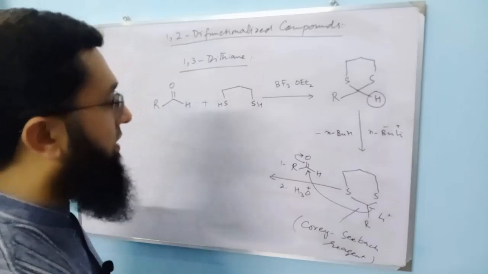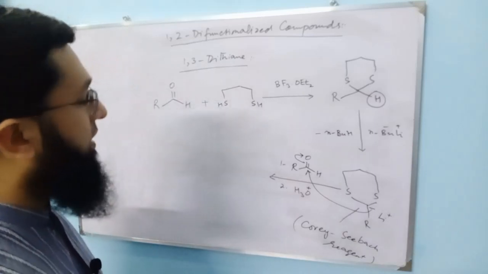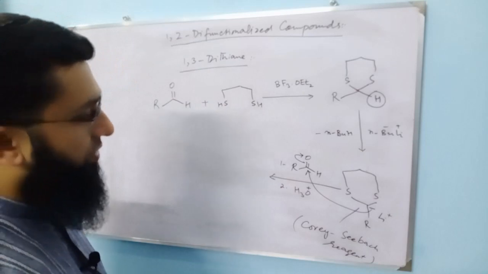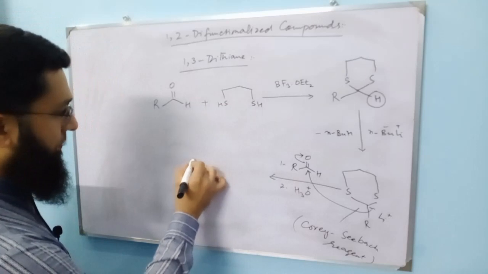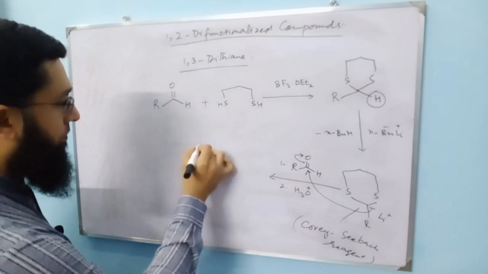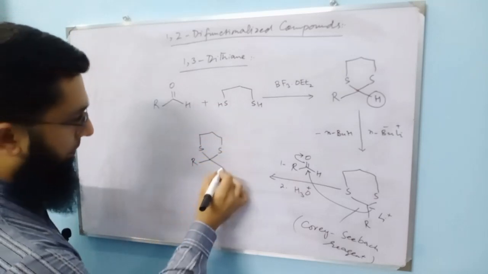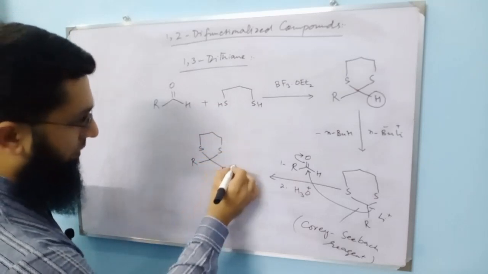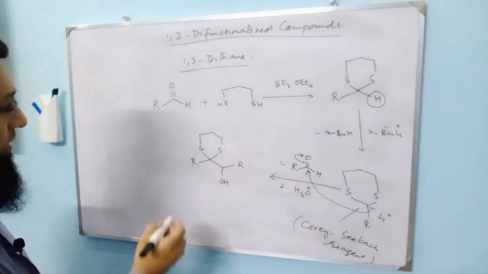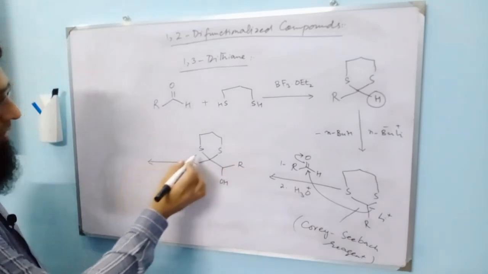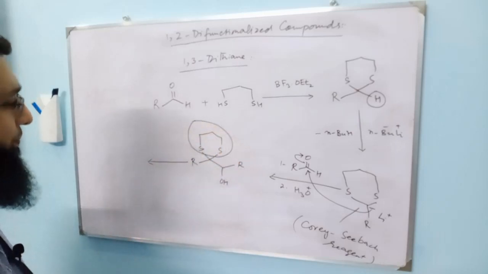Generally, we have discussed earlier as well that when we start a reaction with a base, the reaction is generally quenched with acidic water. So we will get this, and in the last step we can remove or deprotect this.